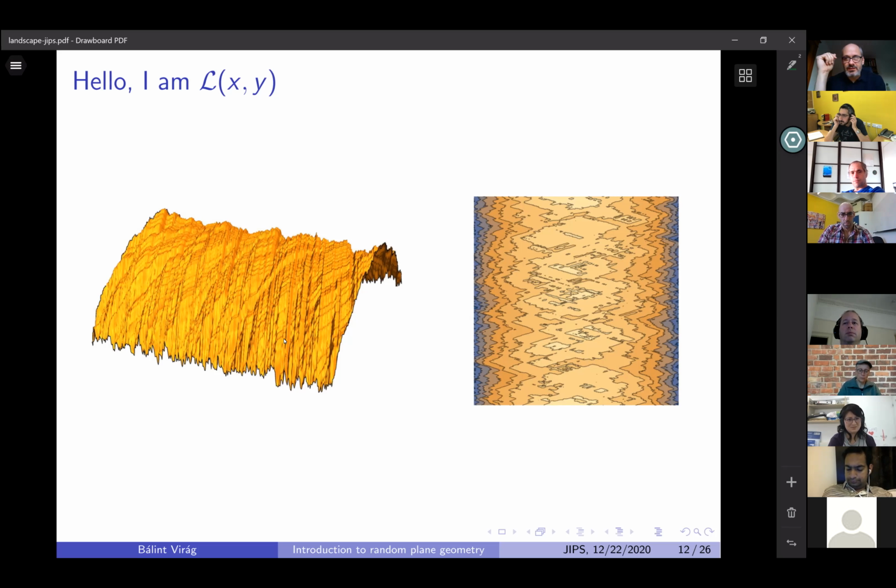And you can see the carpet on the right-hand side is just a contour plot of the same thing. It essentially looks locally, at most places, like the sum of a Brownian motion in x and a Brownian motion in y. If I got this correctly, yes. So it looks very simple locally. In fact, you could compute the Hausdorff dimensions of these curves, for example, that you see on the right.